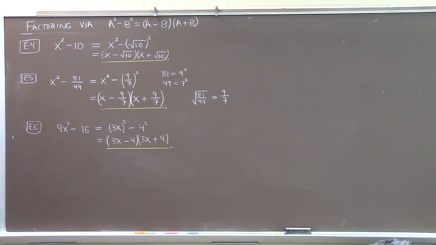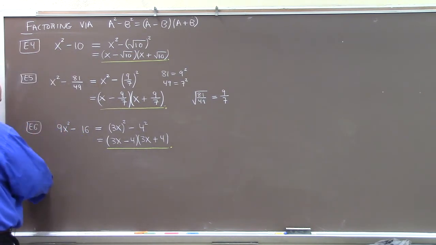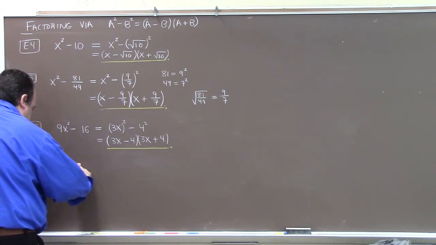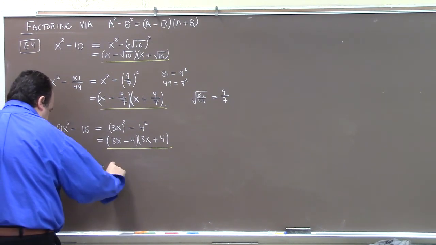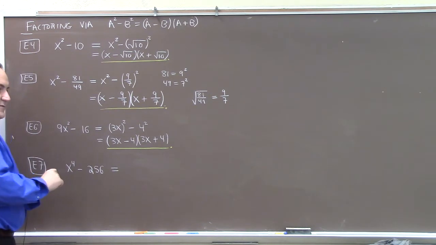Well, there's one slightly more exotic version of this, which I'll talk about since we're on this topic. We could look at something like x to the 4th minus 256. Here you have to use your imagination a little more.